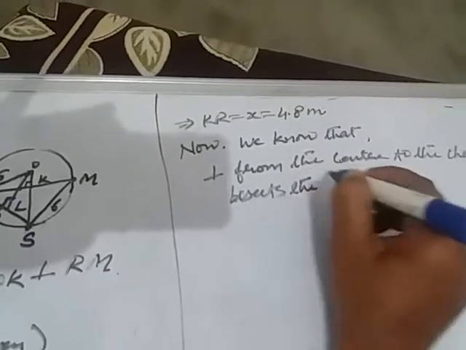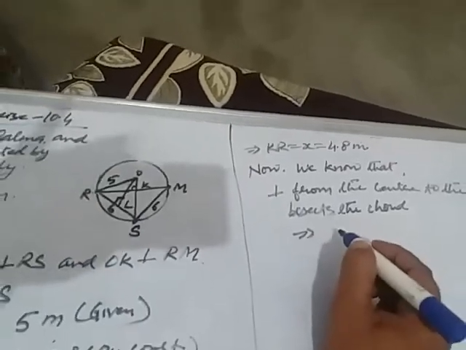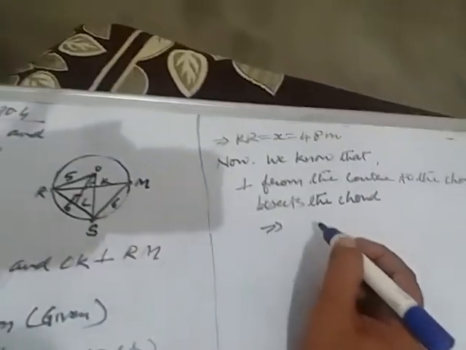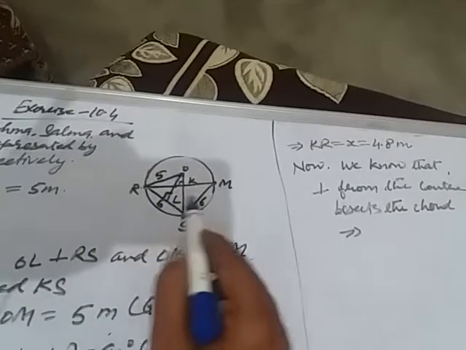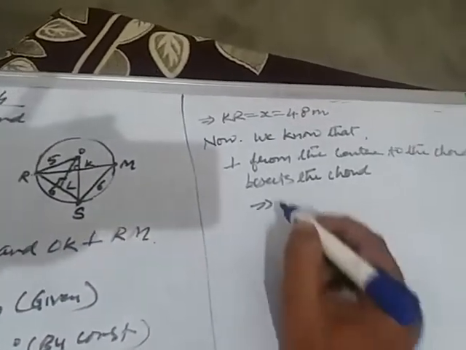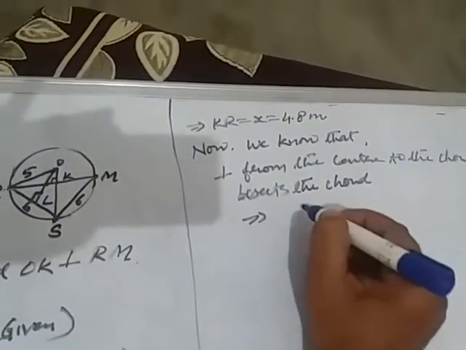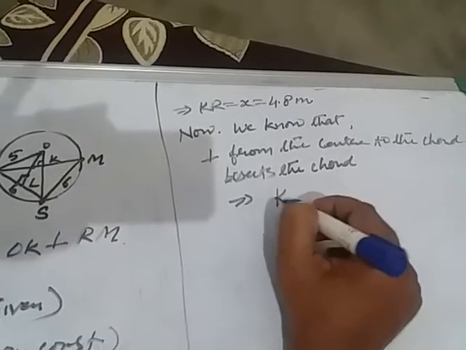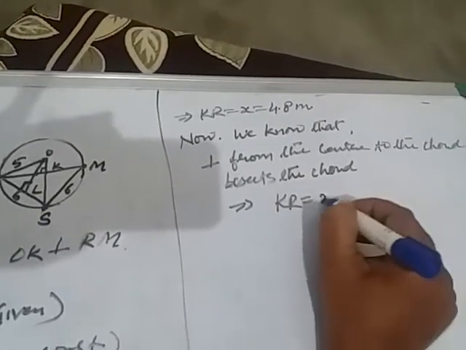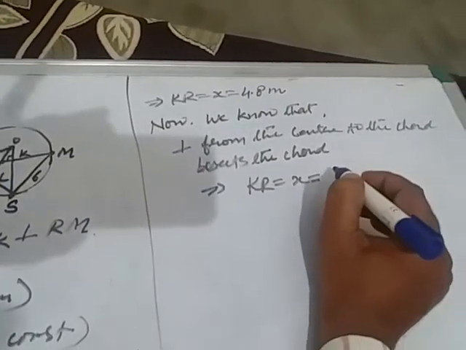This implies that what, children? RK we have found out. This implies that KR equal to X.